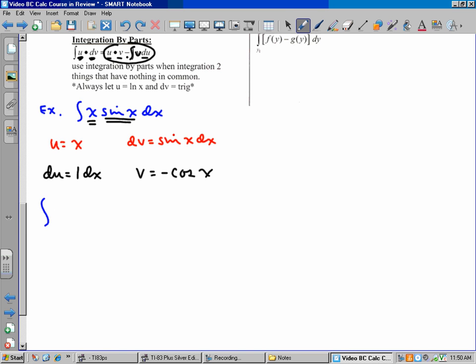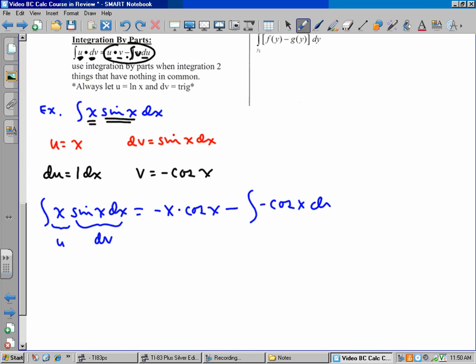So the integral of u times dv, remember this thing here represents dv, and this represents u, would be u times v minus the antiderivative of v du.